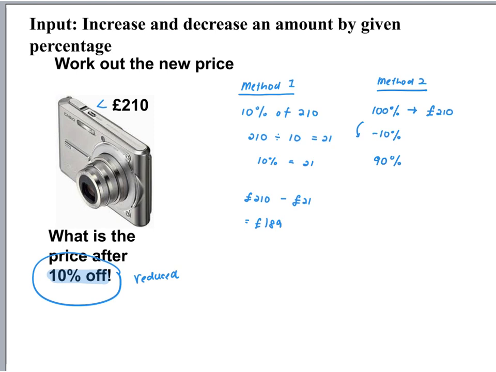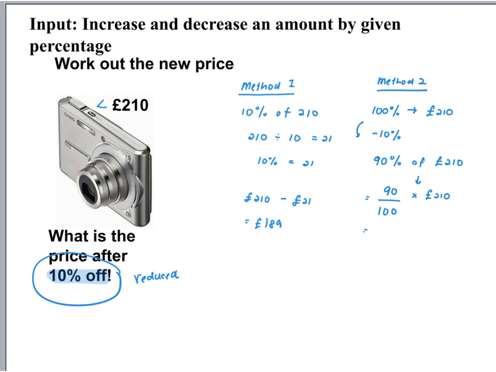Now, we do not need to pay 100%. All we need to pay is just 90% of £210. Now, we all know how to calculate a percentage of an amount. So, find what 90% of 210 is first. 90% simply means 90 over 100. Of simply means times by £210.